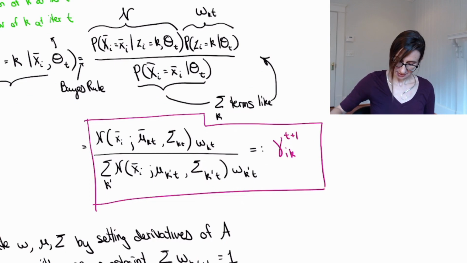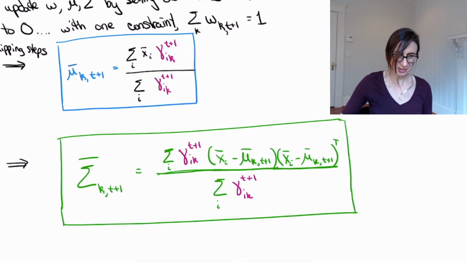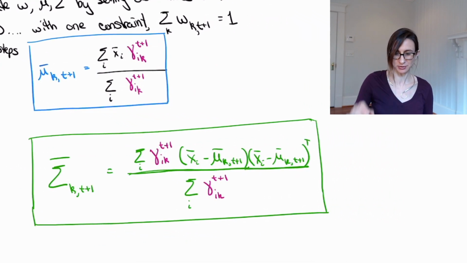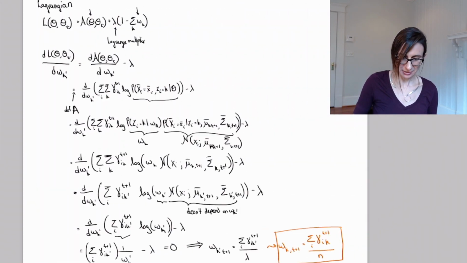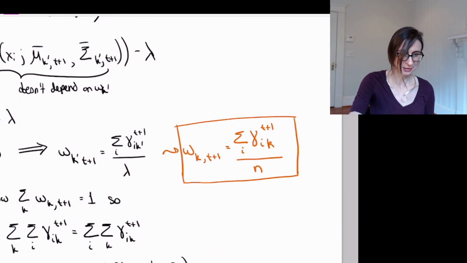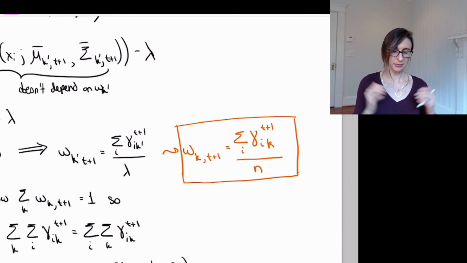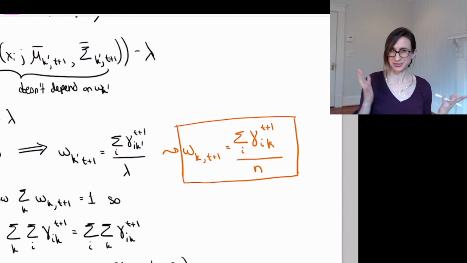Then after that, we start the M step, where we update the cluster centers and the cluster covariances. And at the very end, we update the mixture weights, which are right there. And that's it. We just keep doing this over and over again until everything's converged, and hopefully you'll get a good local optimal solution, and you'll be happy with your mixture weights, your cluster centers, and your cluster covariances. That's it.